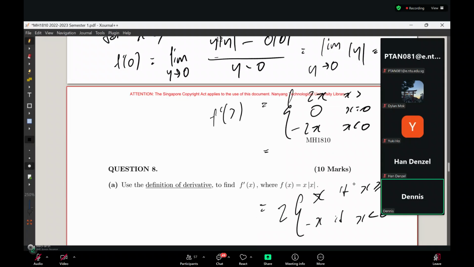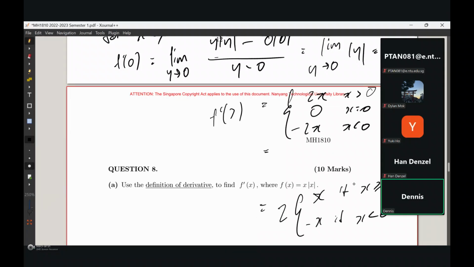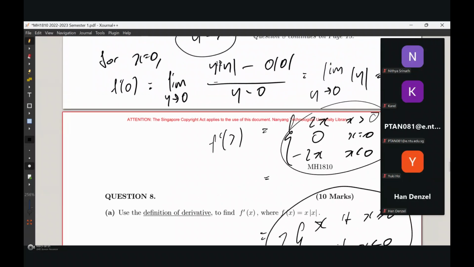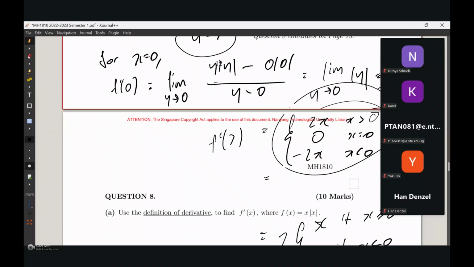Can I put x equals 0 and x over 0 together, and only categorize 2?